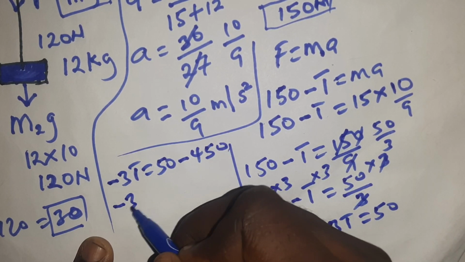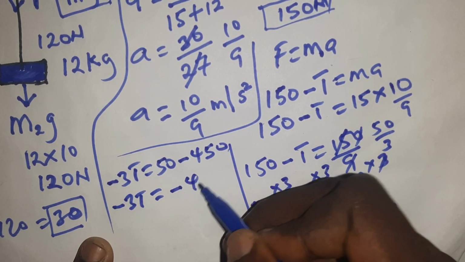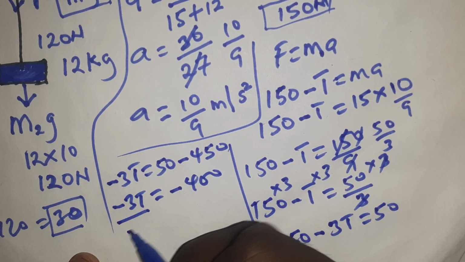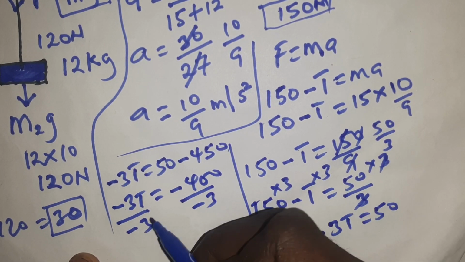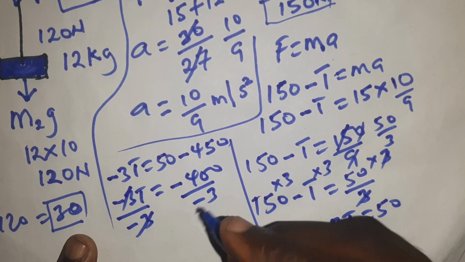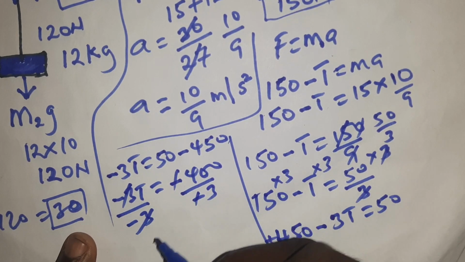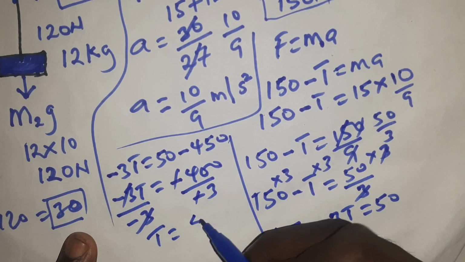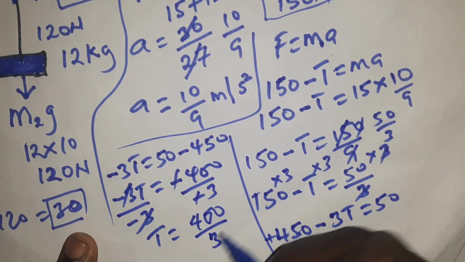I have minus 3T equals minus 400. Then divide both sides by minus 3, so the minus cancels the minus, and I have T equals 400/3 Newton.